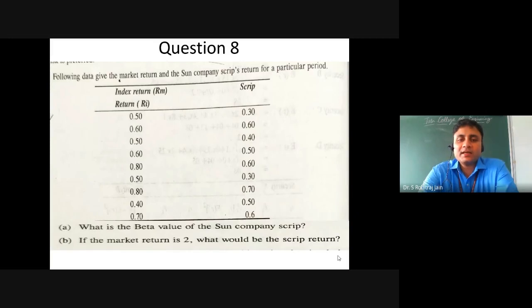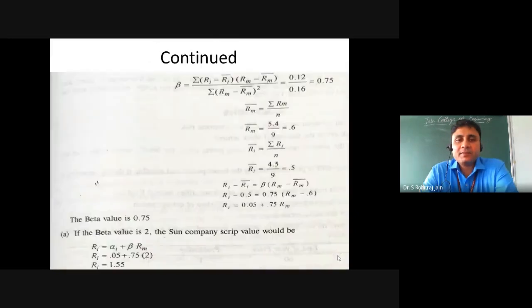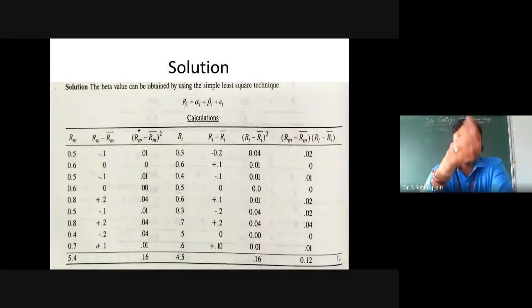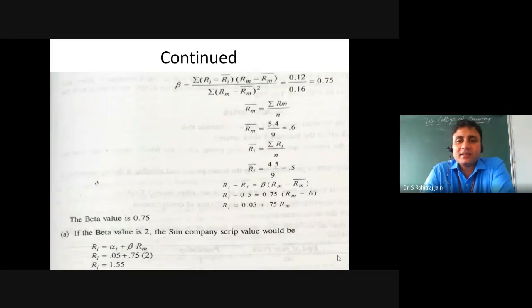So first I remember how we calculate beta: summation of (Ri minus Ri bar) multiplied by (Rm minus Rm bar) whole divided by summation of (Rm minus Rm bar) whole square. So I note down in the first column Rm, that is market return, whatever they have given in the question. Then what is Rm bar? Rm bar is summation of Rm divided by 9, that is 5.4 divided by 9, equal to 0.6.